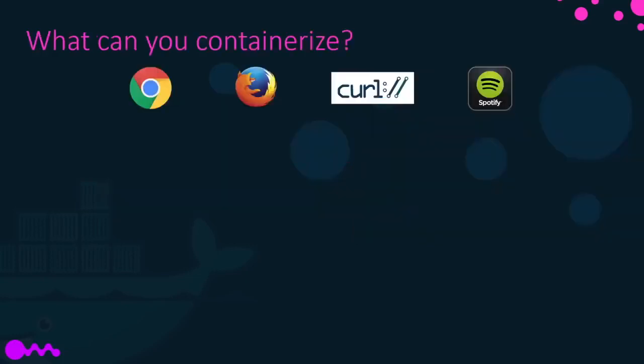We just saw a number of products containerized, such as databases, development tools, operating systems, etc. But that's just not it. You can containerize almost all of the applications, even simple ones like browsers or utilities like curl, applications like Spotify, Skype, etc. Basically, you can containerize everything.